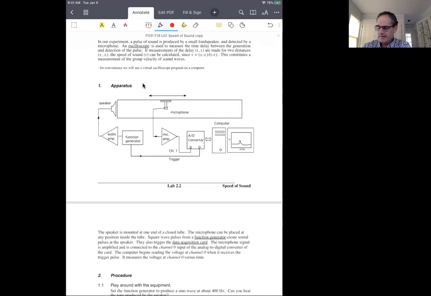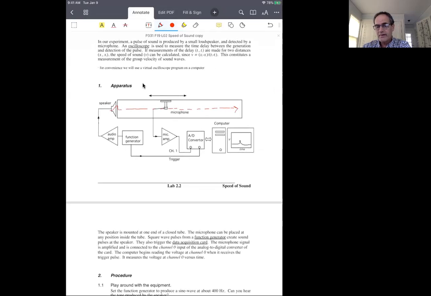We'll measure the time it takes a pulse of sound to travel to distinct points within a 2-meter long tube. This is kind of a short distance, so we need to be able to measure times very accurately since sound moves rather quickly. And we'll do this electronically.